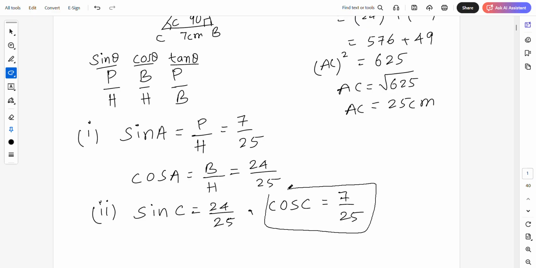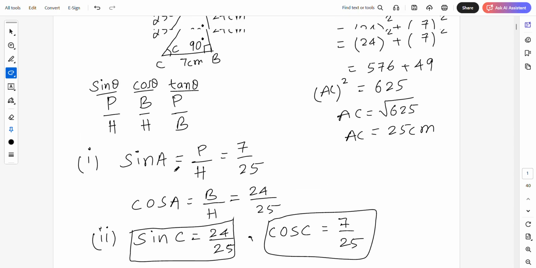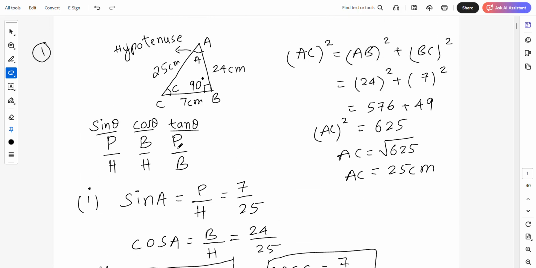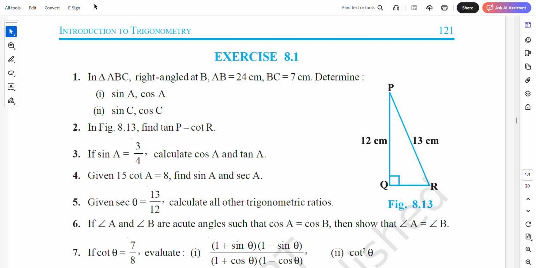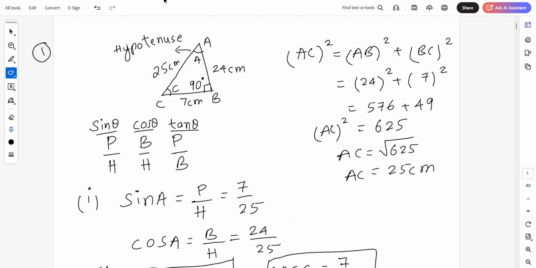We have calculated cos of C, sin of C, and sin A and cos of A. This is the answer for the first question. Let us go for the next problem. In this problem, it is saying in figure 8.13, find tan P minus cot R. Now let us draw this diagram.